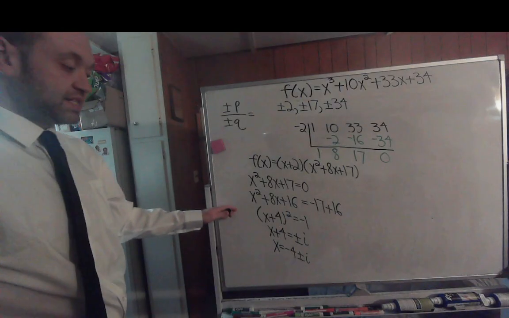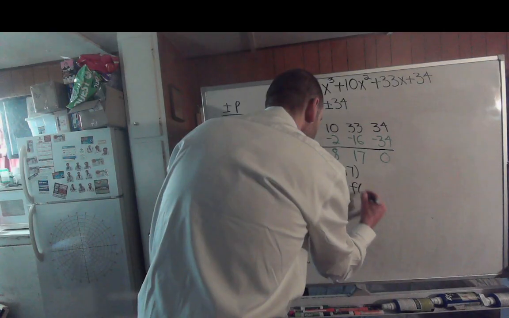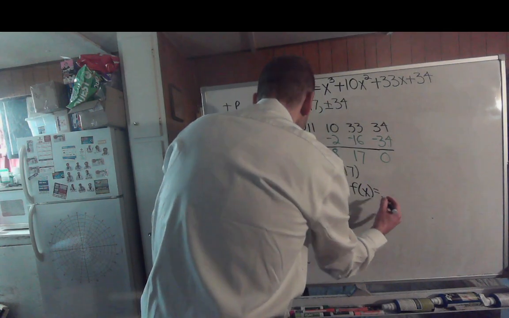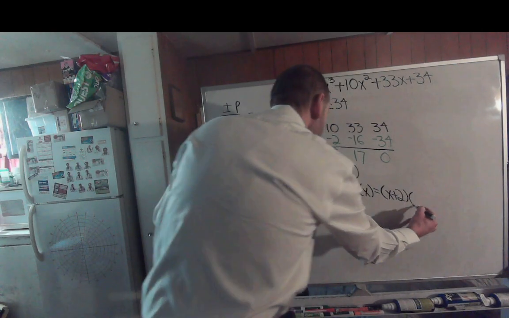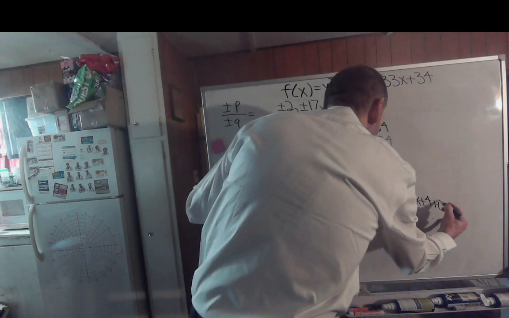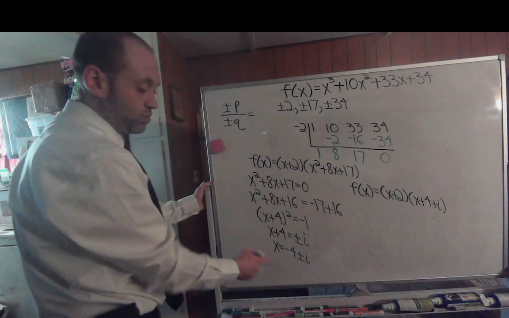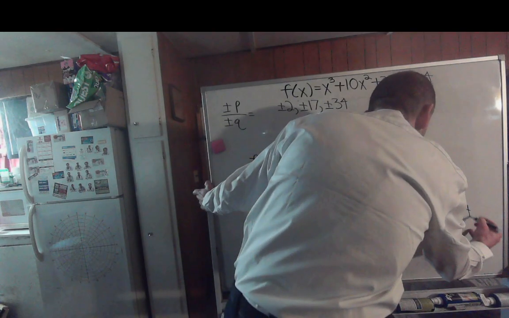Now we can at least start forming the complete linear factorization. So f of x would equal the quantity of x plus 2 times the quantity of x plus 4 plus i times the quantity of x plus 4 minus i.